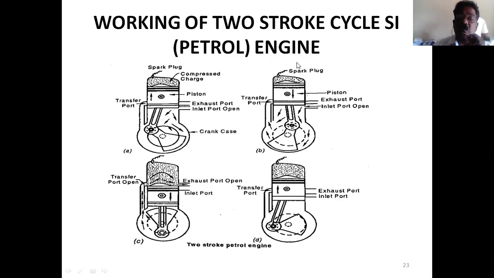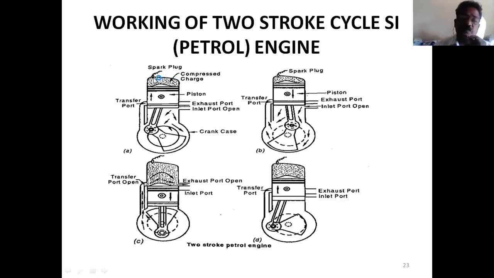That is why it is called a two-stroke engine, where suction and compression take place simultaneously. As the piston moves, fresh air-fuel mixture enters, and at the same time the air-fuel mixture already inside the cylinder gets compressed. Clear? So the compression takes place.